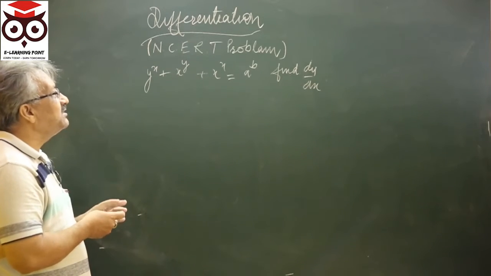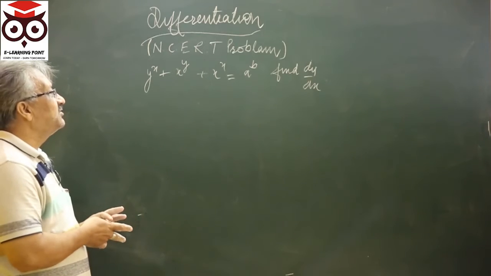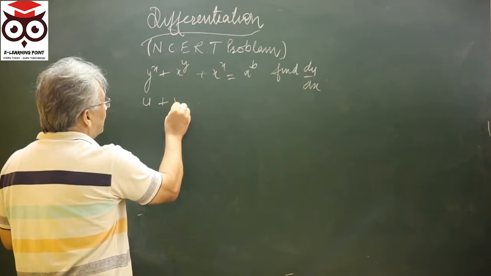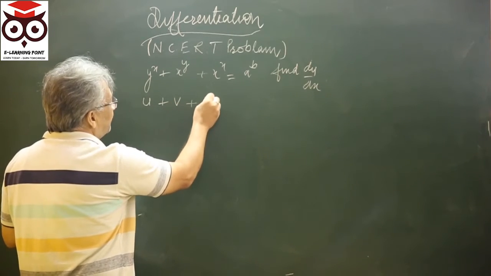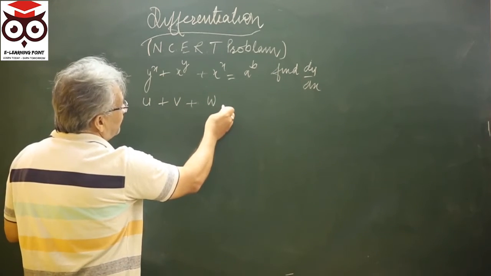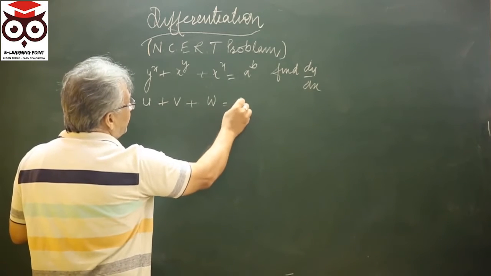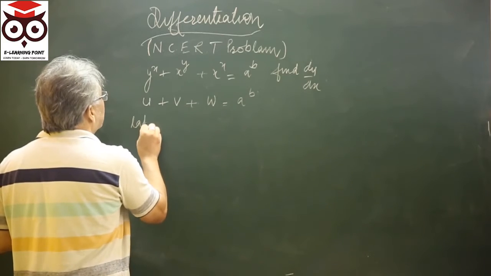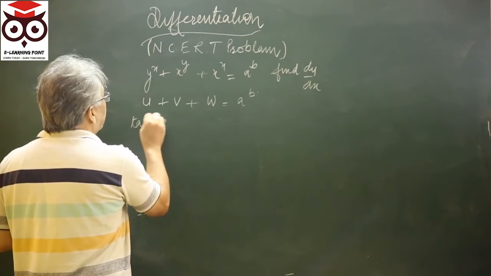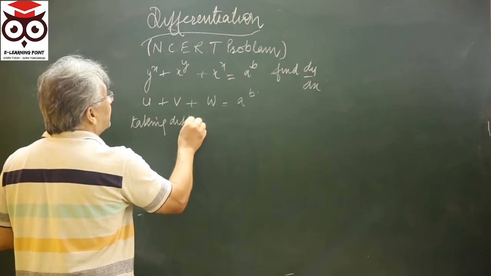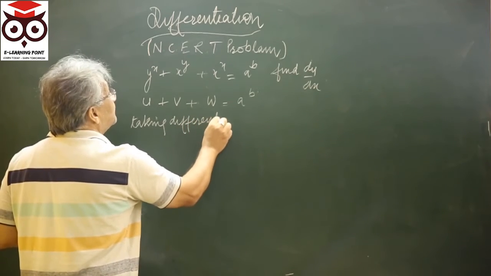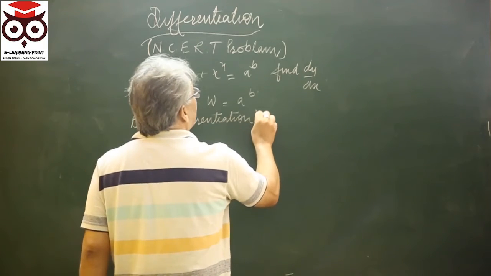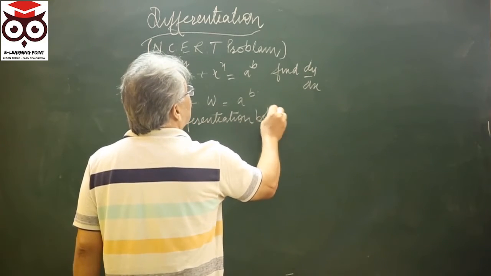So you will put it here u, you will put it here v, and you will put it here w, and it will remain the same. फिर आप लिखेंगे taking differentiation both the sides.